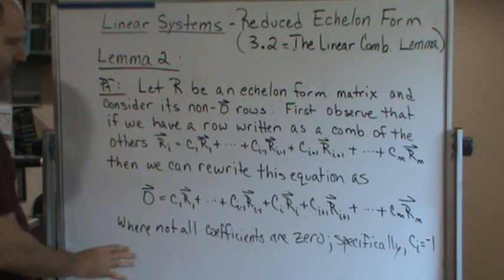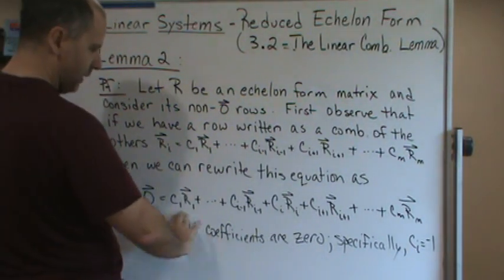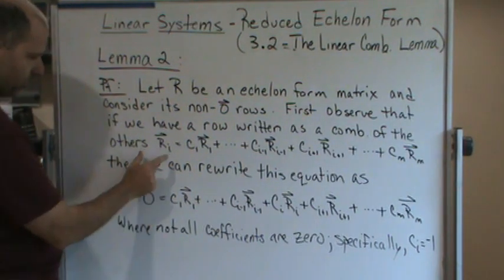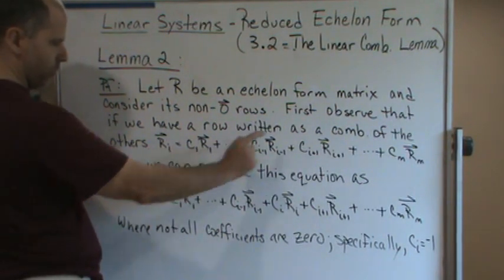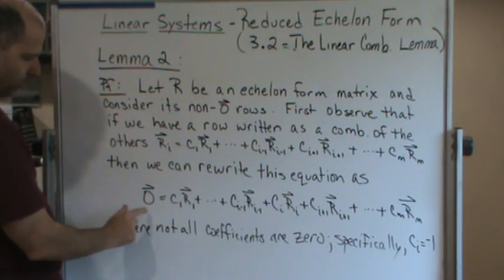Then we can rewrite this equation here to be this one, right? So we have a zero vector, because all we have to do is just move this over to the right side and we get this vector equation, the zero vector.